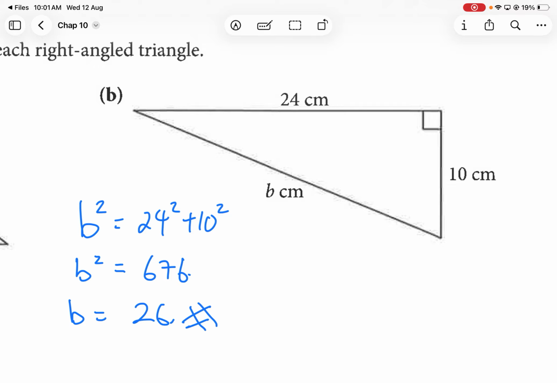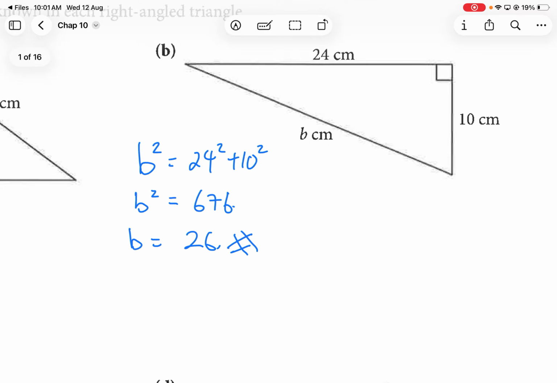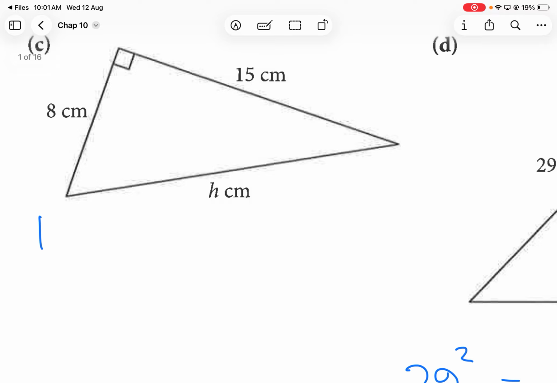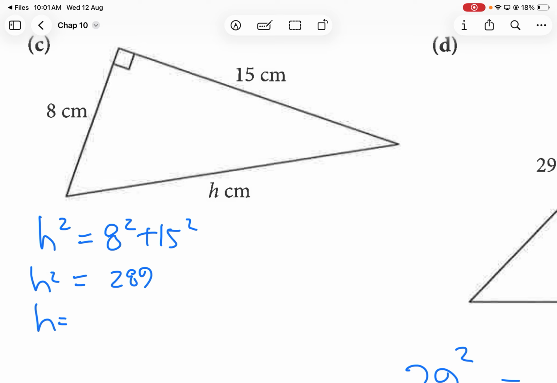It is so simple. You can form the equation. Which side is the longer side? H. H square equals 8 square plus 15 square. 289. Then I want H, I take square root.